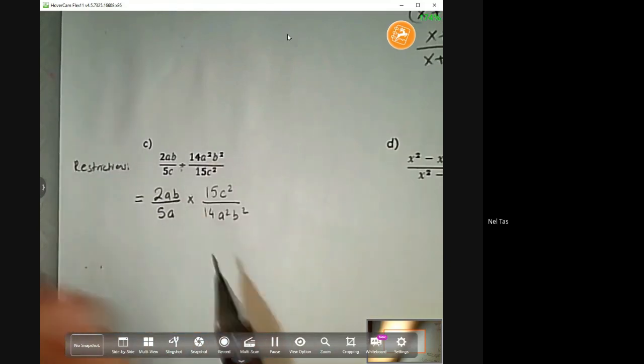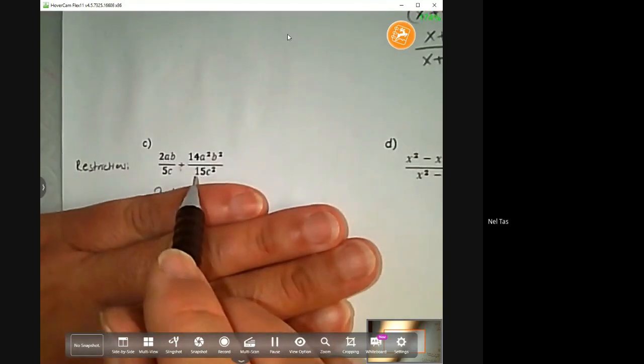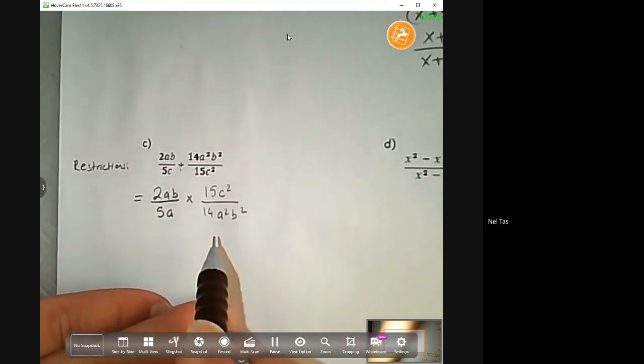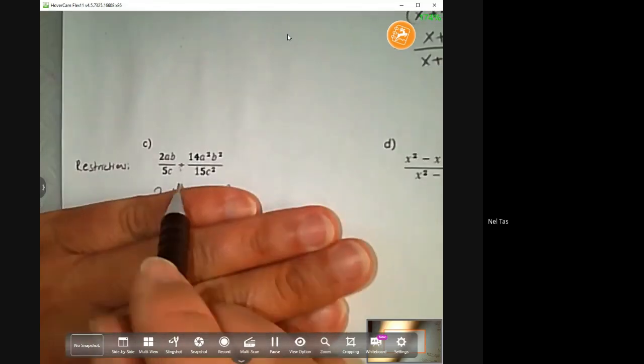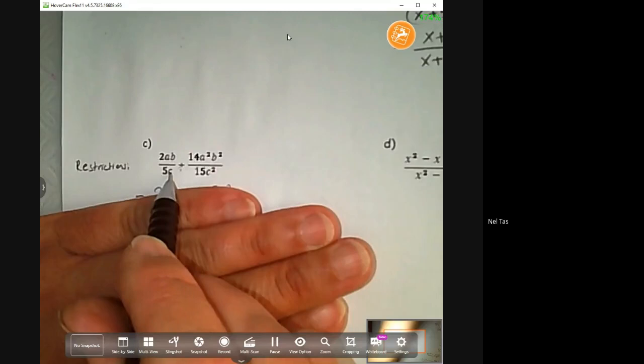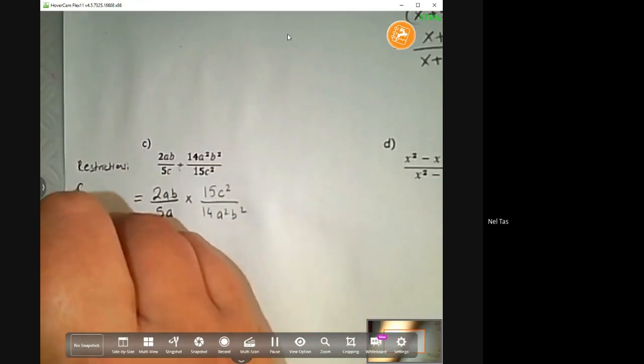You look at the restrictions before you get rid of the division and after. So before we get rid of the division, what do we have in the denominator? We have 5c, so 5 cannot be 0, but if c is 0, the denominator becomes 0. So c cannot be 0.